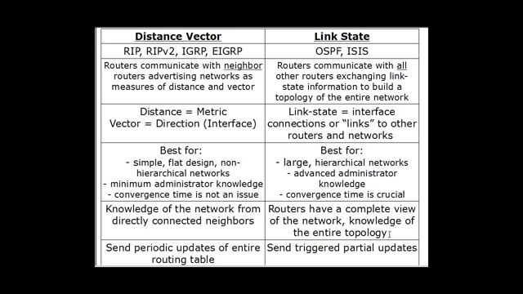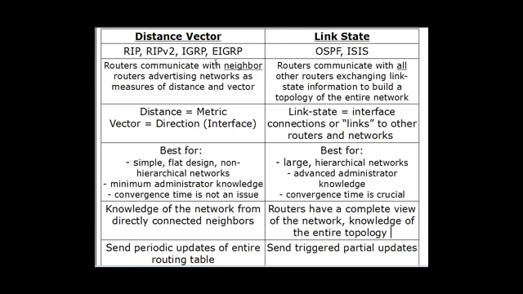So they have a complete view of the network, and these are key terms. If you're trying to get your CCNA and the exam question says, which routing protocol builds a complete view of the network, well, that's going to be link state, right? If you build an entire topology of the network, that's link state. Knowledge only from directly connected neighbors, that's distance vector.